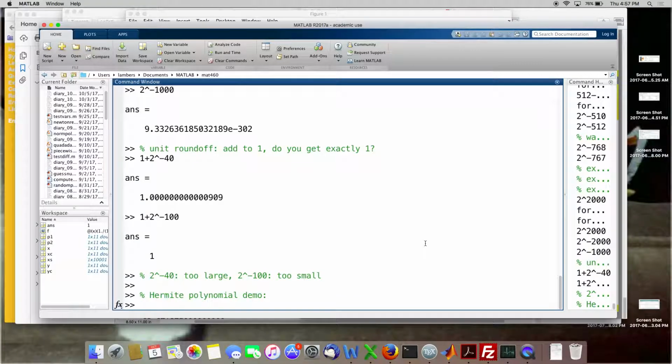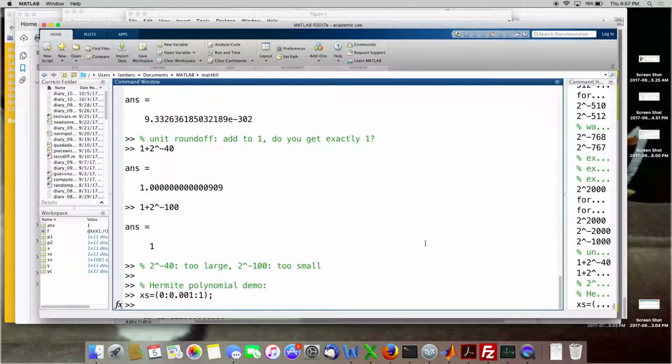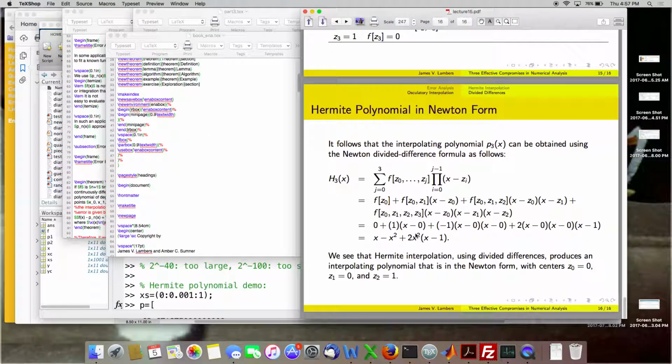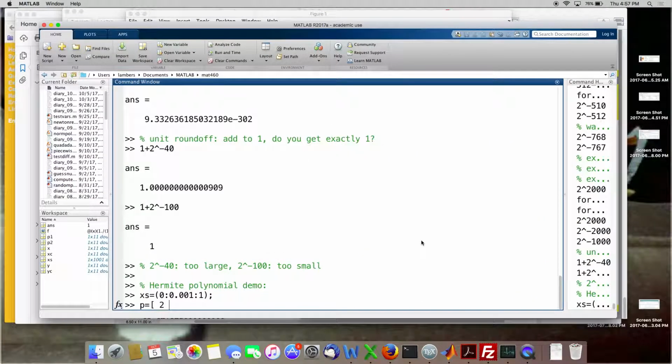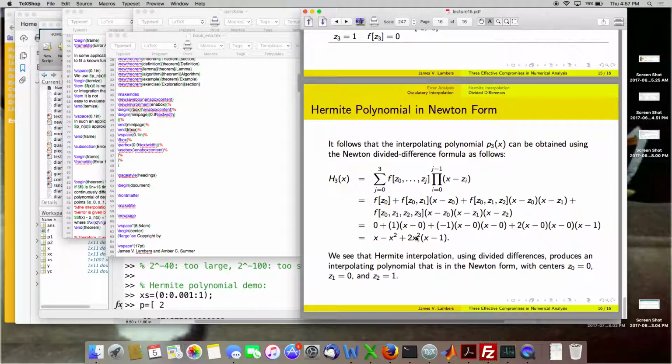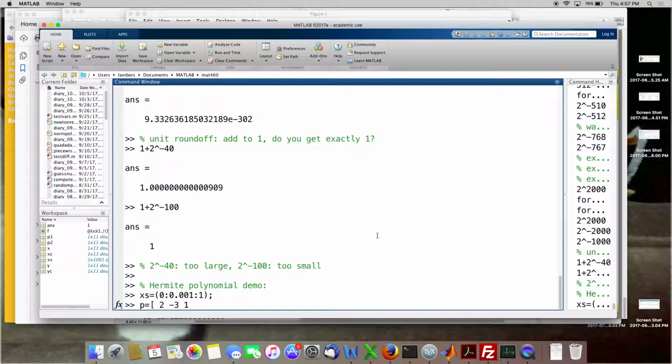First I want to have a vector of x values for plotting purposes. And I'm just working on 0 to 1 because that's where my data is. And my polynomial, like I said before, we have 2x cubed minus 3x squared plus x, and then plus 0.